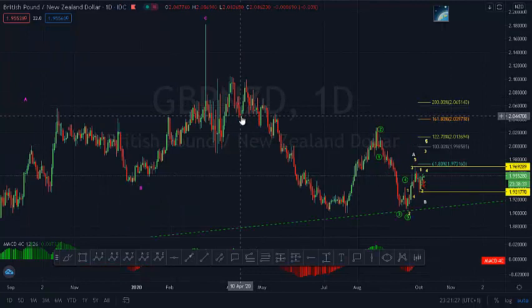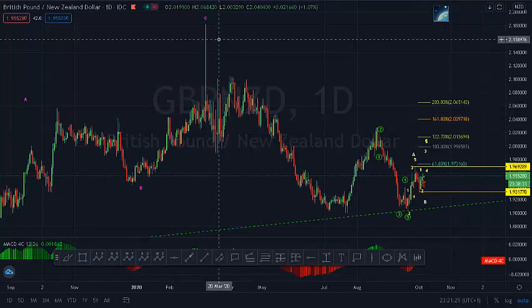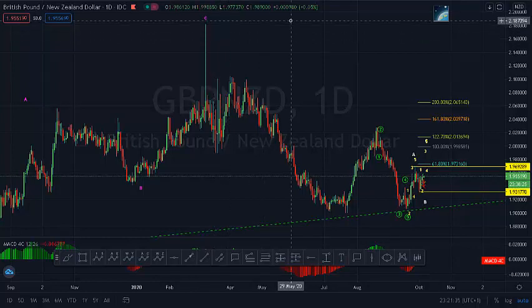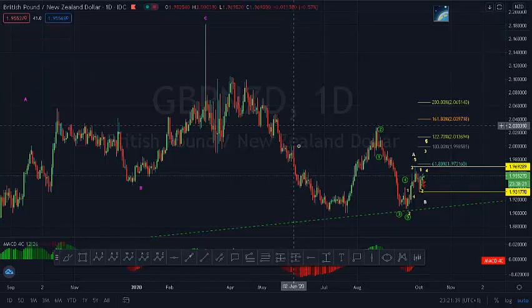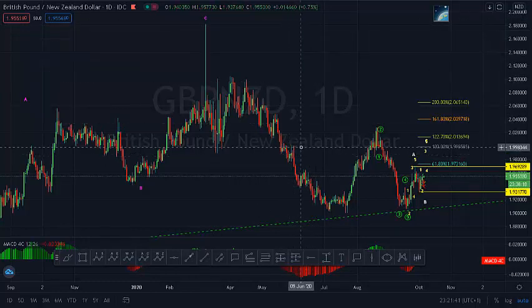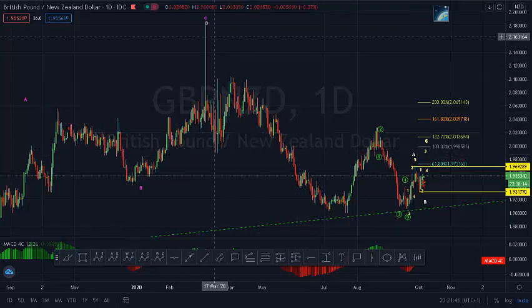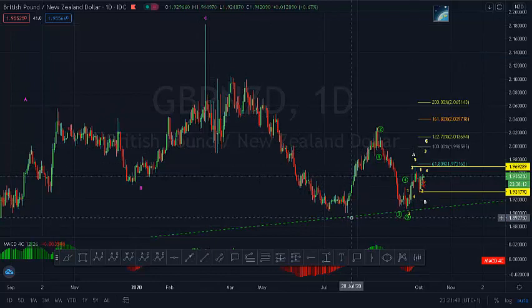On daily, we can see what I said earlier when I was doing GBPJPY, that you must not wait for 5 waves to trade, because sometimes you don't get the five waves. You can see this is 1, this is 2, this is 3.